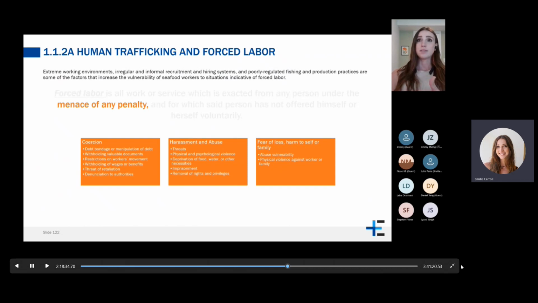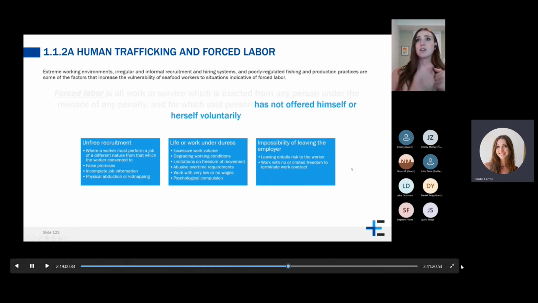And then fear of loss, harm to self or family. This is pinpointing vulnerable areas of a worker's being, such as threatening family members or threatening that they'll never see them again, as a tool to keep people in place, saying, we'll keep your family safe if you stay here and you never leave.